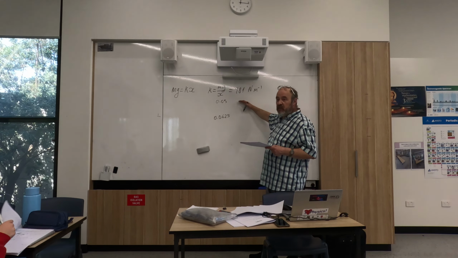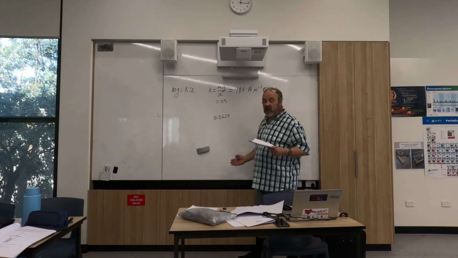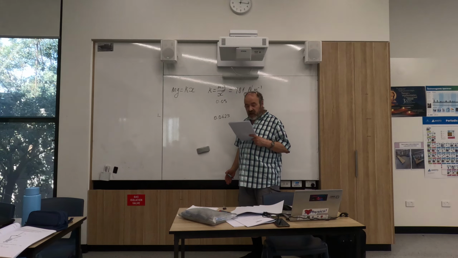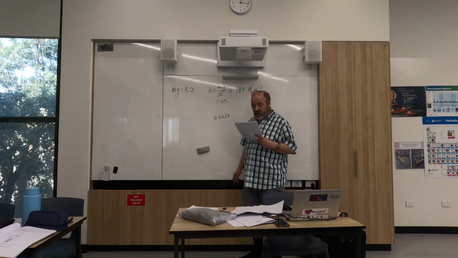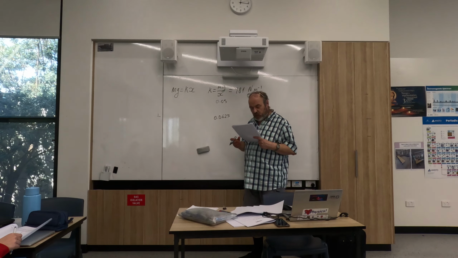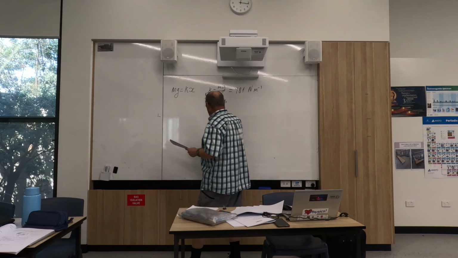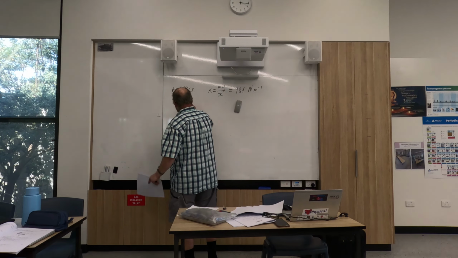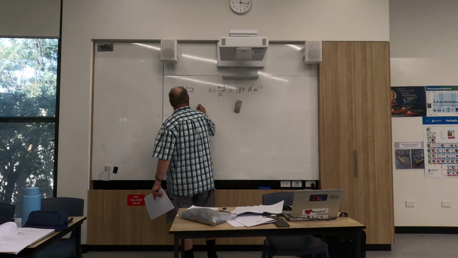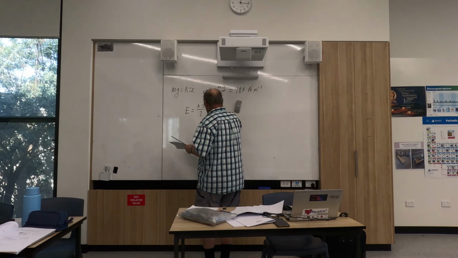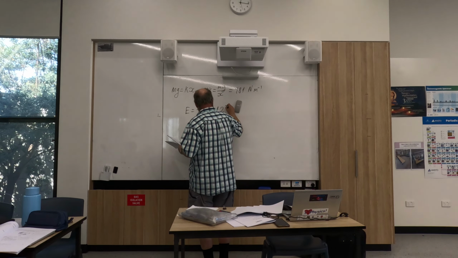That's probably what they mean, but the question is absolutely unclear, the way they worded it. So we'll consider this one. When we found k, then E equals kx squared over 2, and using 0.05, we'll get 1.2 joules.